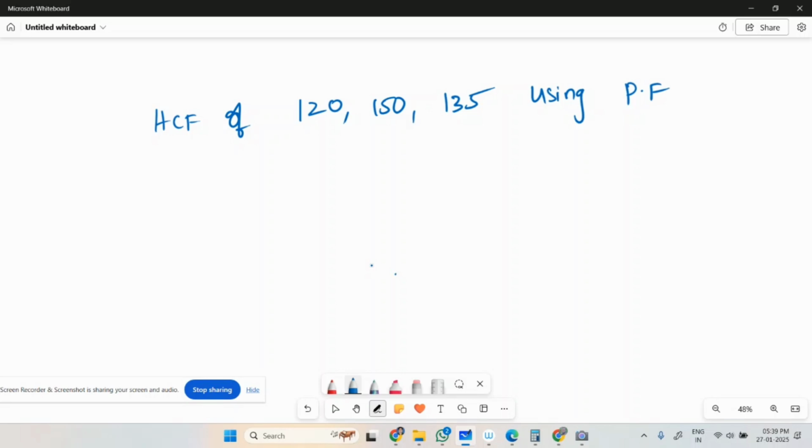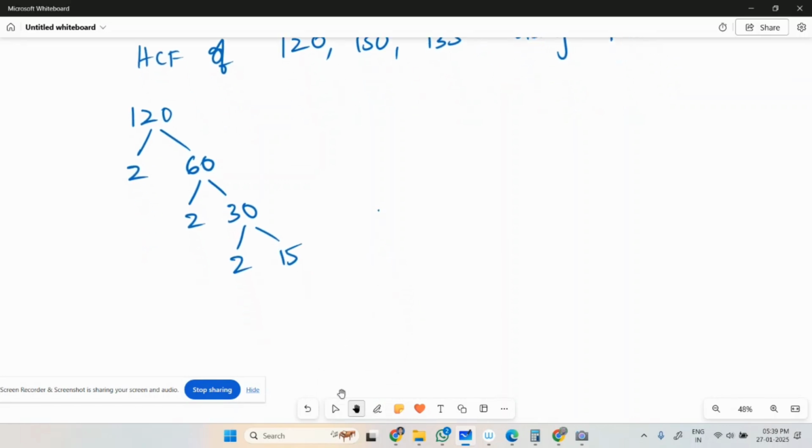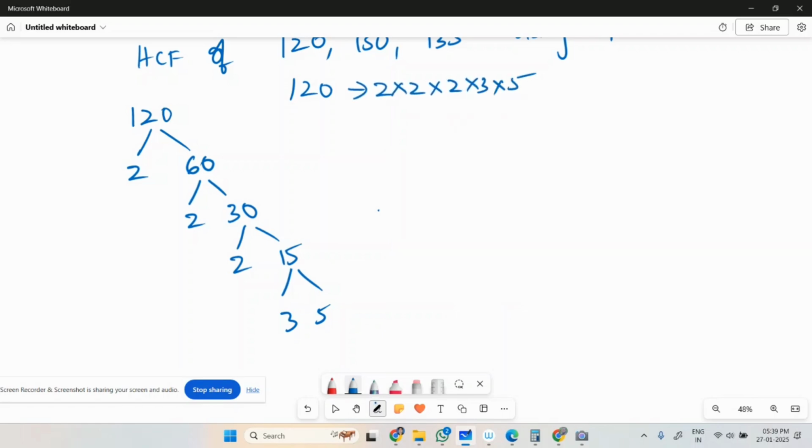Let's find out the factors of 120 along with me. 120 factors are 2 times 60, 2 times 30, 2 times 15, and 15 is not divisible by 2. So 3 times 5. So the prime factors of 120 are 2 times 2 times 2 times 3 times 5.